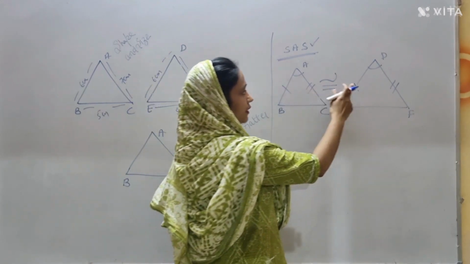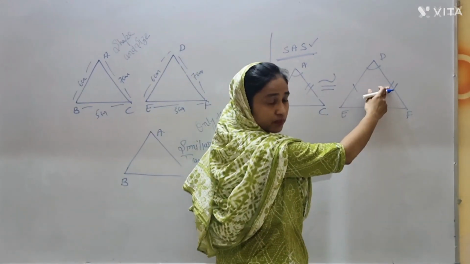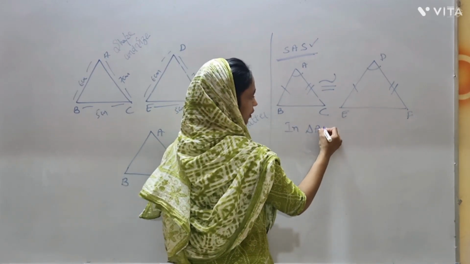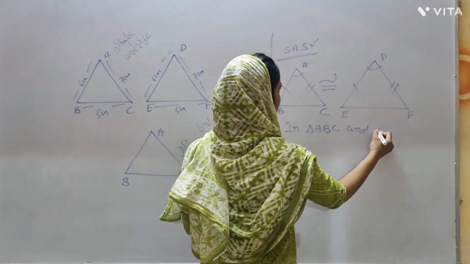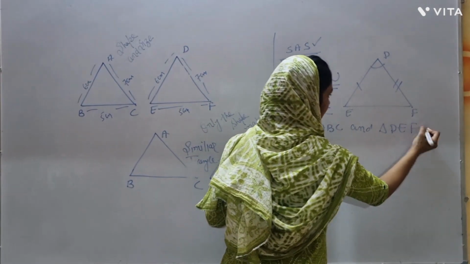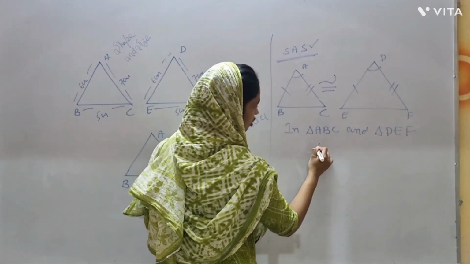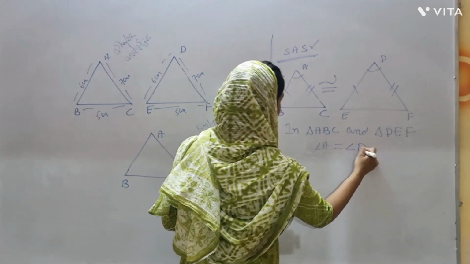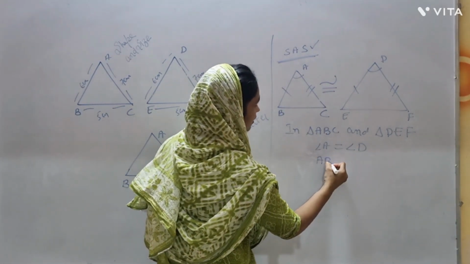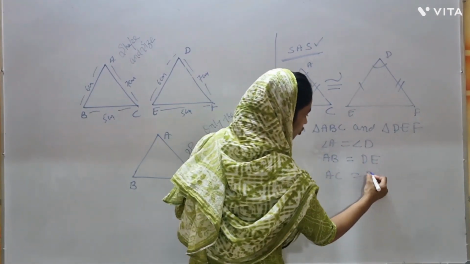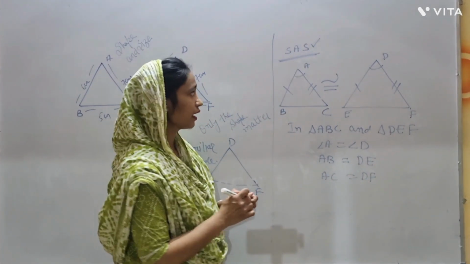Here we have equated the corresponding sides. In triangle ABC and triangle DEF, angle A is equal to angle D, AB is equal to DE, AC is equal to DF.